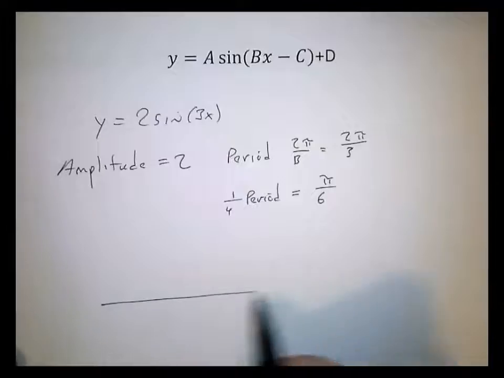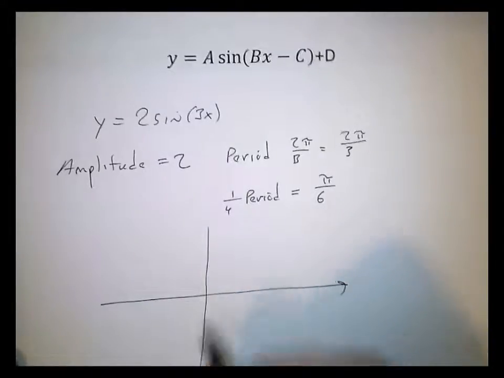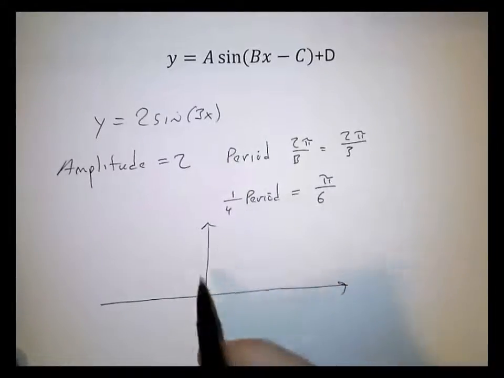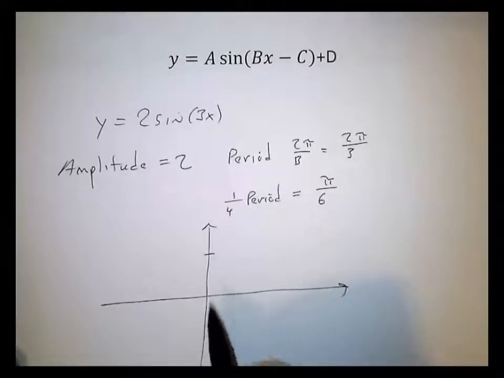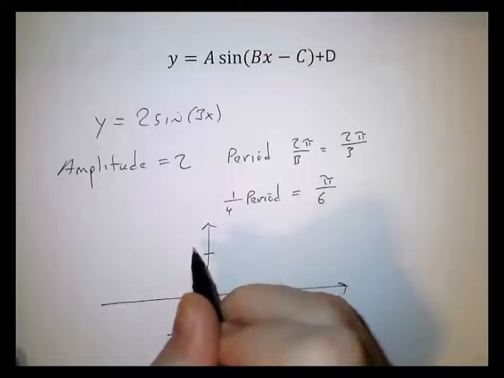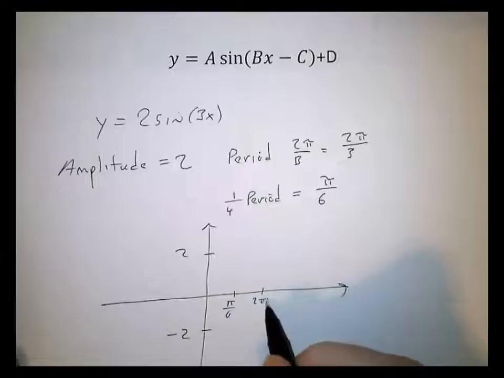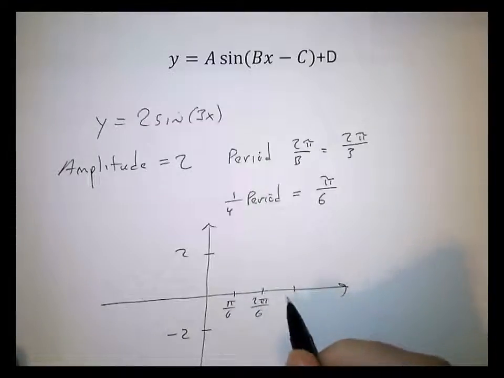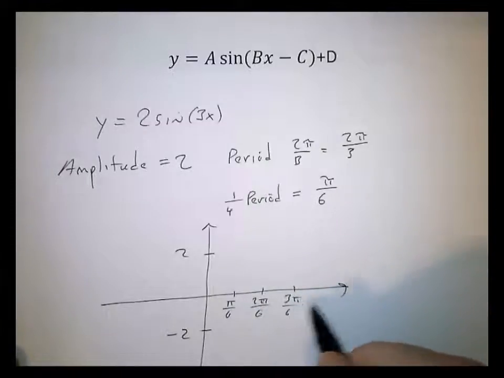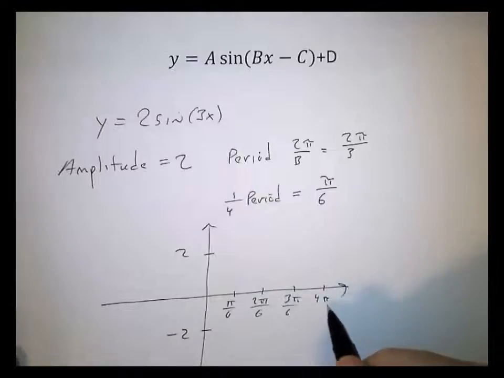And I'm not going to have the same scale as before. I'm going to go from, down here, negative 2, up here is 2, and here I have pi over 6, 2 pi over 6, 3 pi over 6, 4 pi over 6.